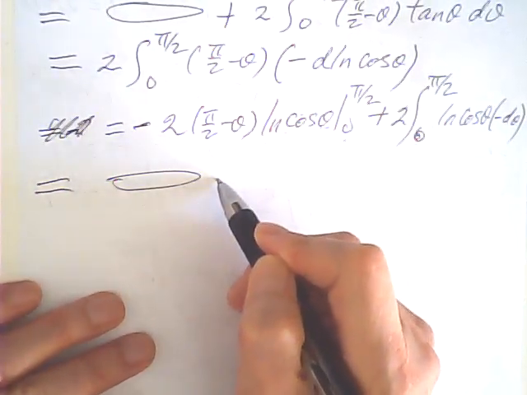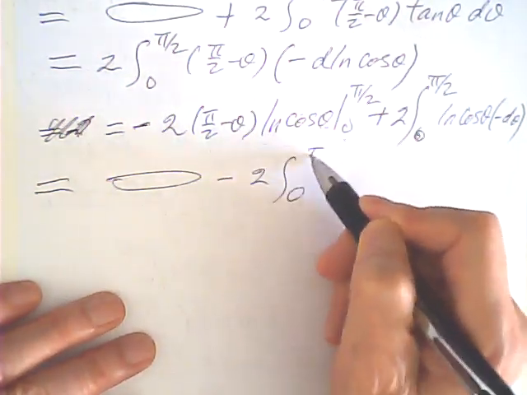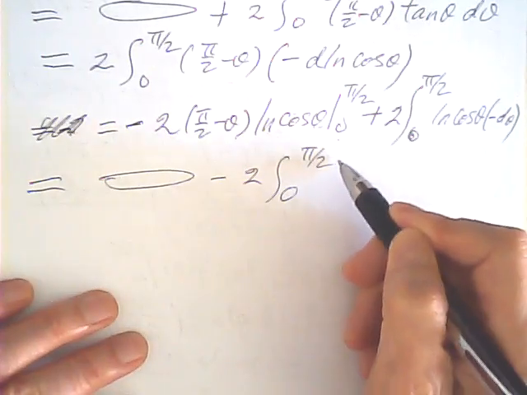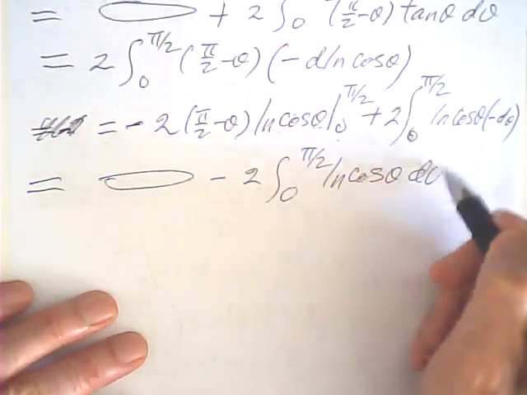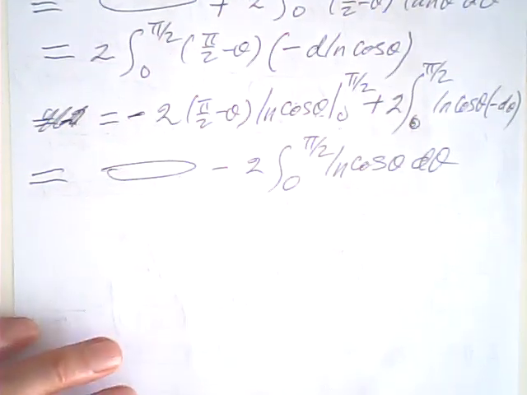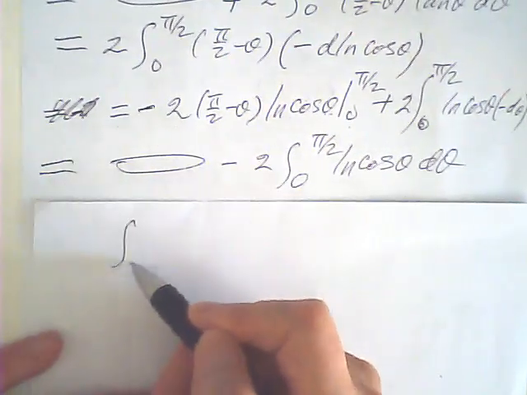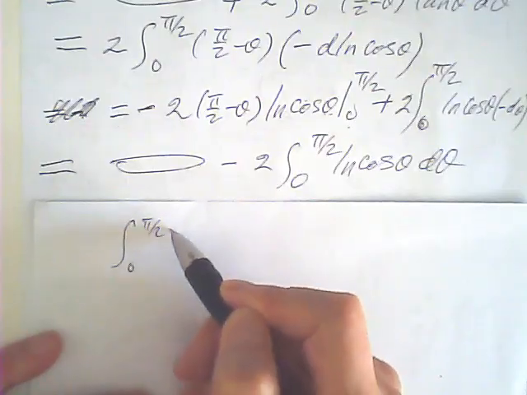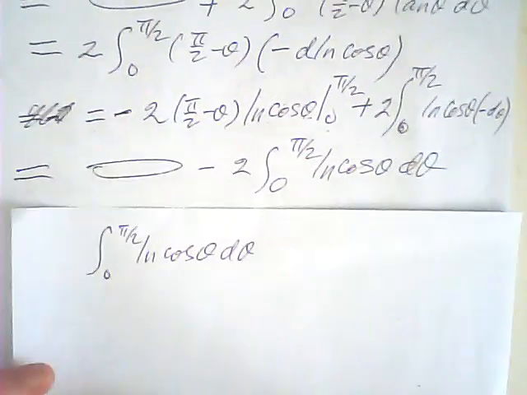So this goes to 0, and minus twice integral 0 to half pi natural log cosine theta d theta. Okay. Now log cosine theta d theta.